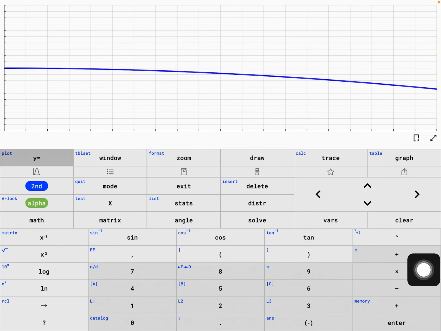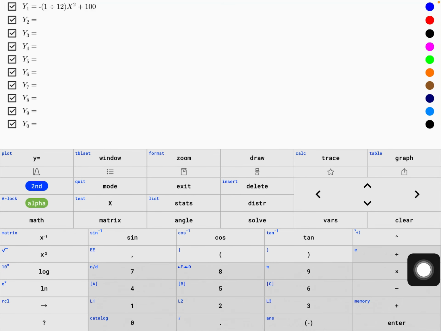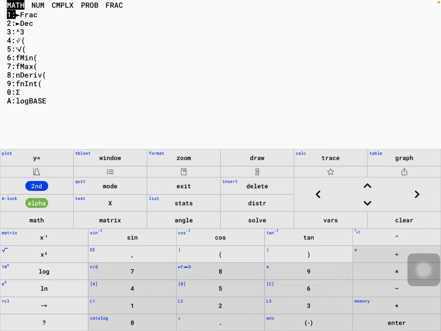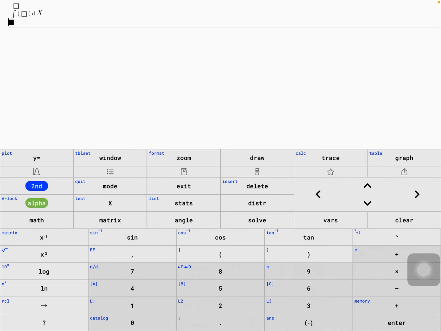Now we already had it entered in because we graphed it, so it's right here in y equals. So if I go back to the home screen and if I hit the math button, item choice number 9 says function integration, so you just choose number 9, and then you can enter in from 5 on my bottom bound up to 10.